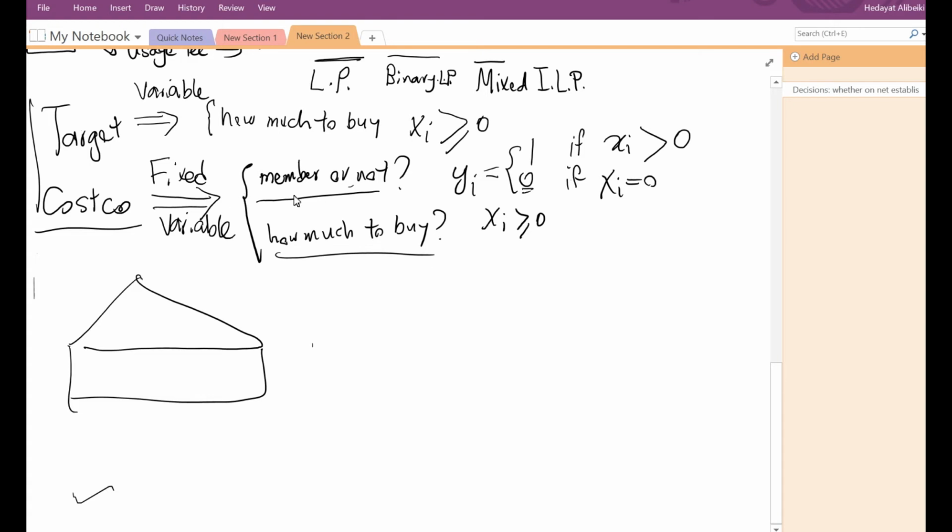So in the case of Costco, whether you want to be a member or not, and how much you want to purchase. In the case of production planning, whether you want to establish a plant, whether you want to build a warehouse, build or not, and second, how much to produce.